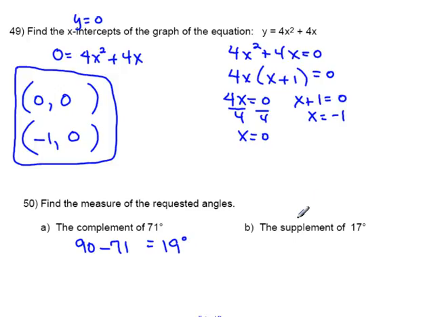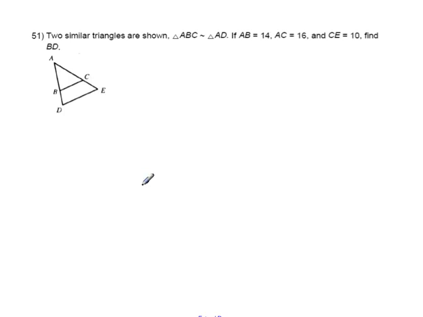Supplement means two angles that sum to 180. So what we want to do is find, well, what angle when I add it to 17 will give me 180 degrees? So 180 minus 17 gives you 163 degrees. Okay, problem number 51. Part of your similarity statement was left off here.